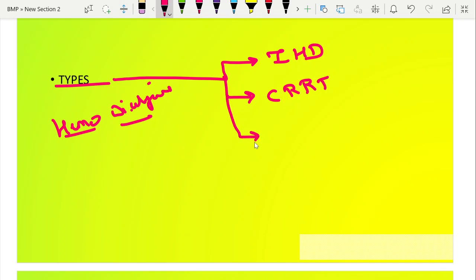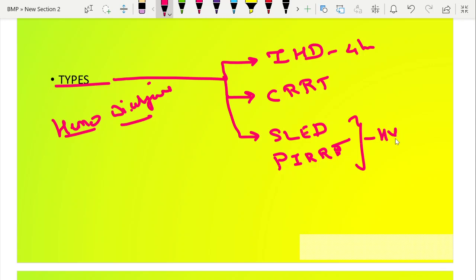I am not giving it continuously, nor in the short intermittent way, but for a longer period, because ideally intermittent hemodialysis is 2 to 4 hours. If I give it for 6 hours, 8 hours, that is called slow low efficiency dialysis or PIRRT, prolonged intermittent renal replacement therapy. Some books say hybrid therapy, hybrid model.